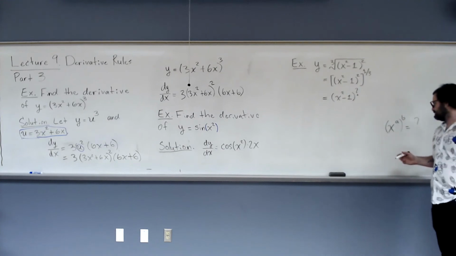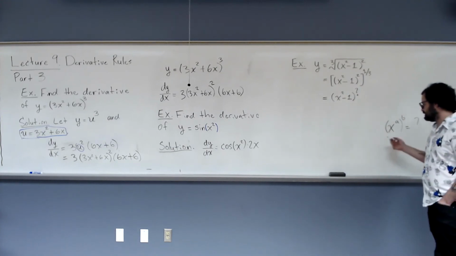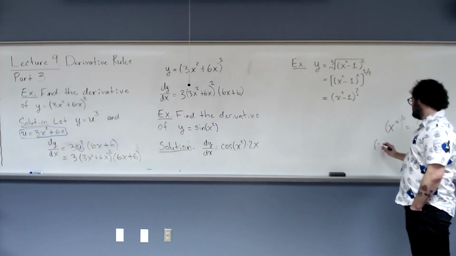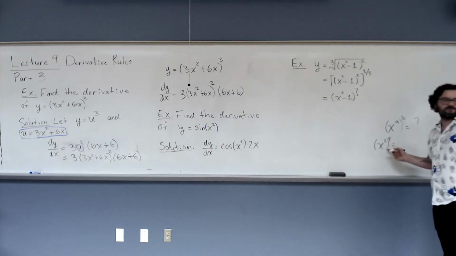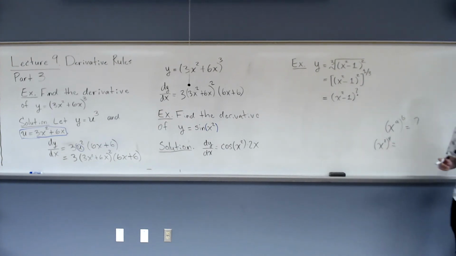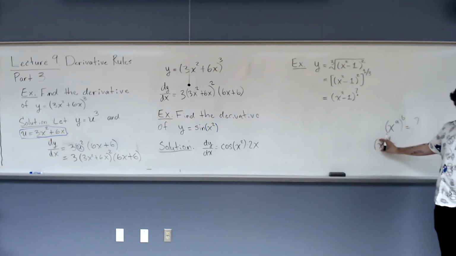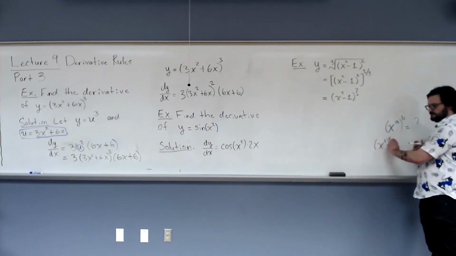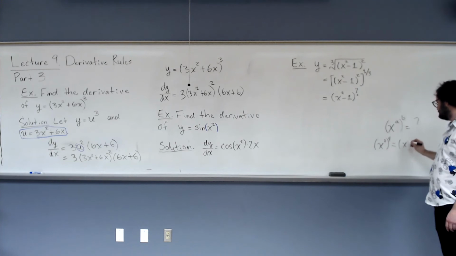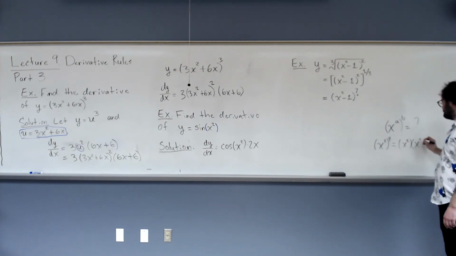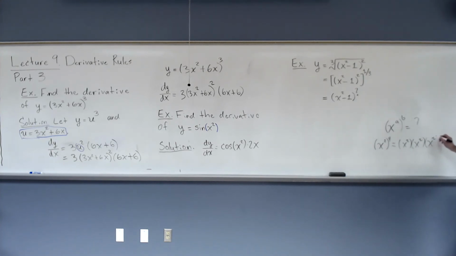So let's just think about this. Multiplying equals adding. Let's just put a 2 there and see what happens. This is just something to the power 4, right? So just write it out 4 times. It's the same thing.